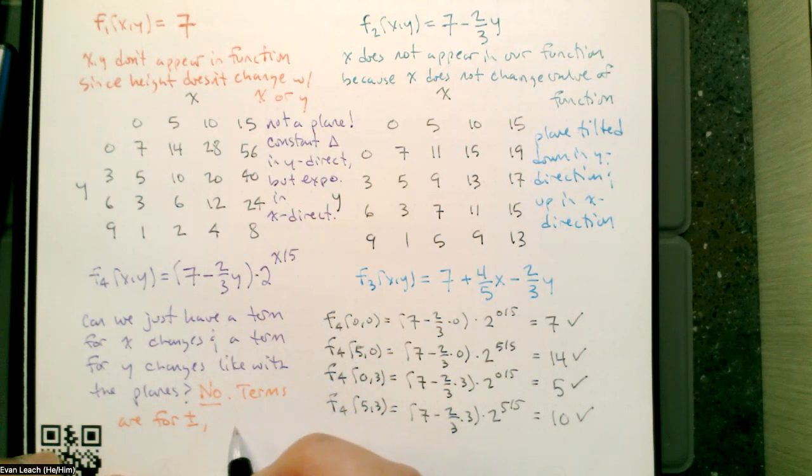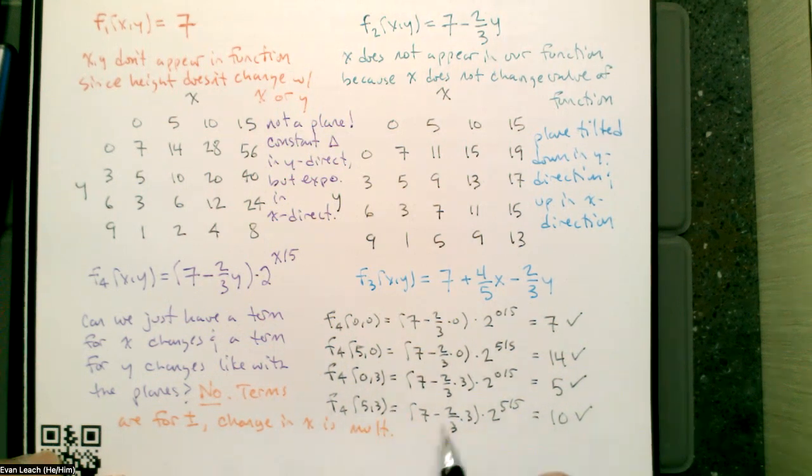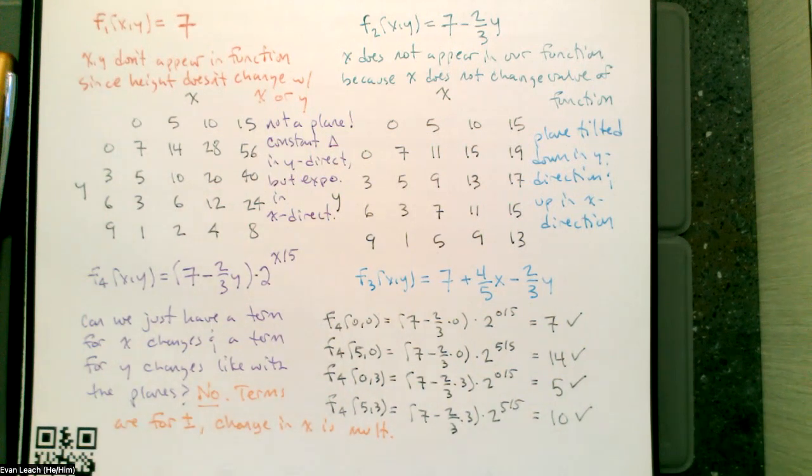X change is multiplication. So no, we can't just have a term for each one, but as long as we're careful with our parentheses, we can see where the y change shows up and the x change shows up.